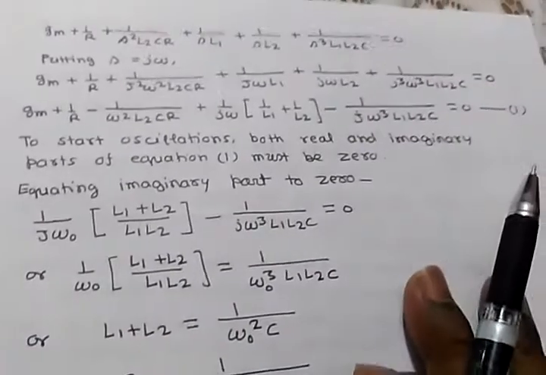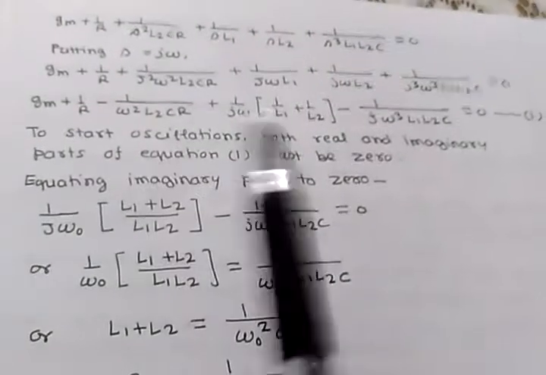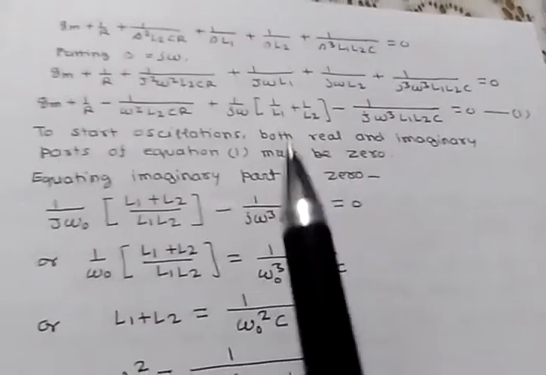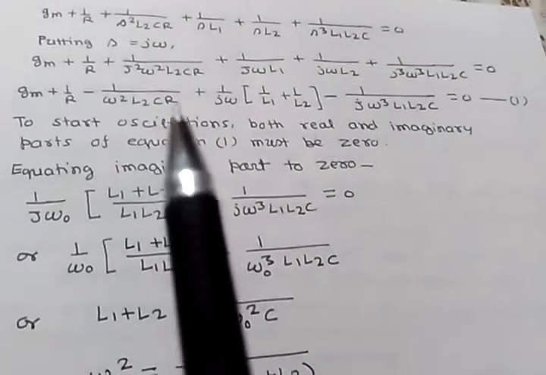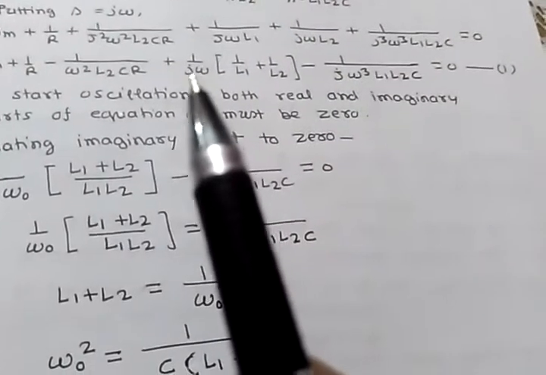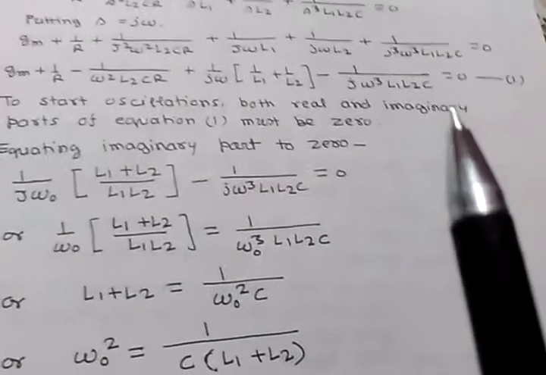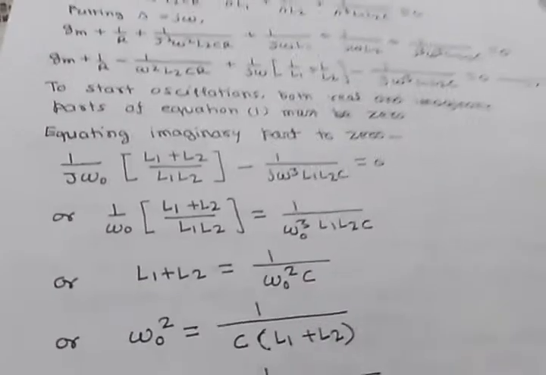Any complex expression will be 0 if both its real and imaginary parts are equal to 0. So we will equate its real part to 0, and then we will equate the imaginary part to 0. In this way we will find the expressions. First I am equating the imaginary part of equation 1 to 0.